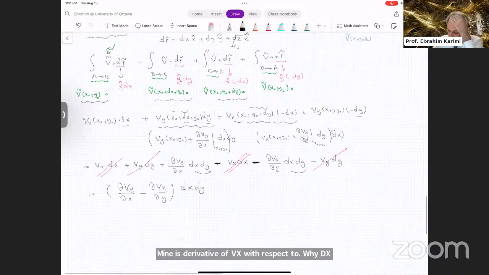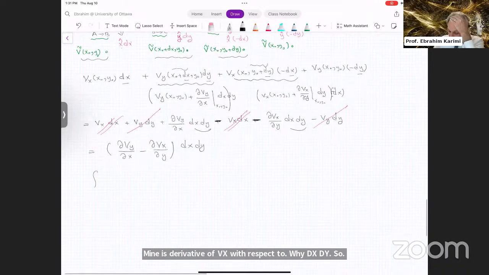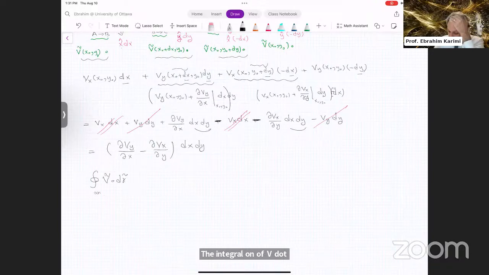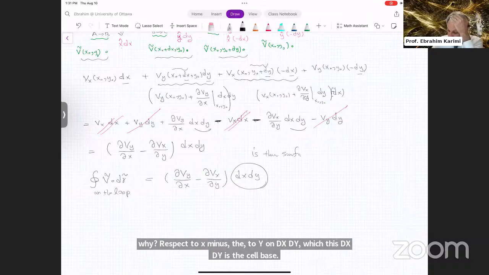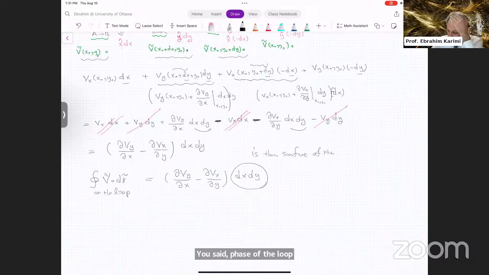So the integral of v dot dr on the loop will give us the derivative of vy with respect to x minus the derivative of vx with respect to y, dx dy, where this dx dy is the surface of the loop.